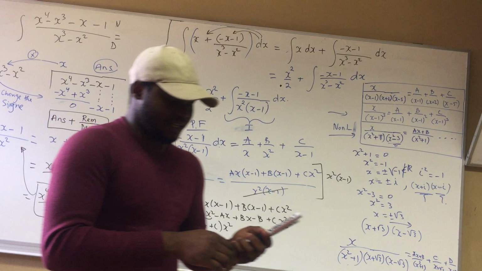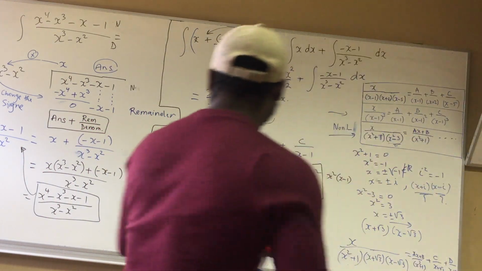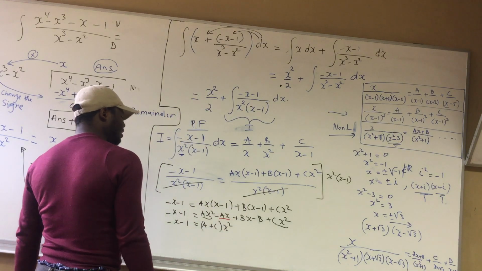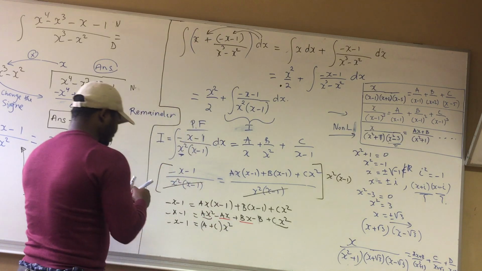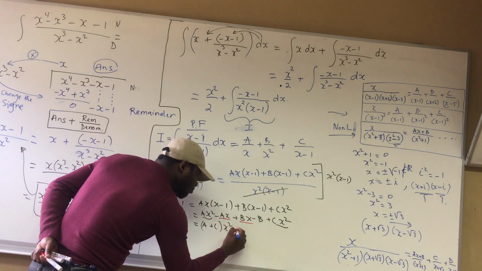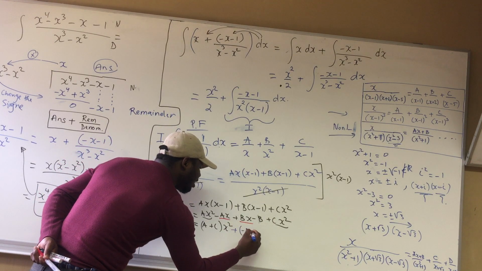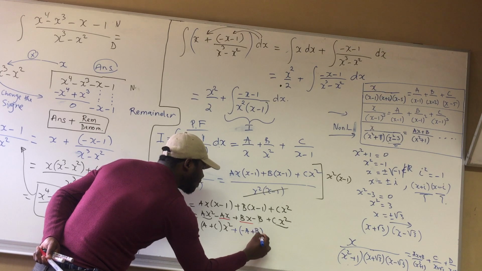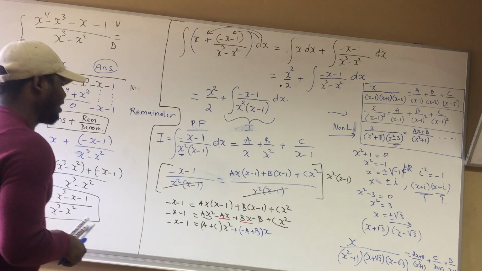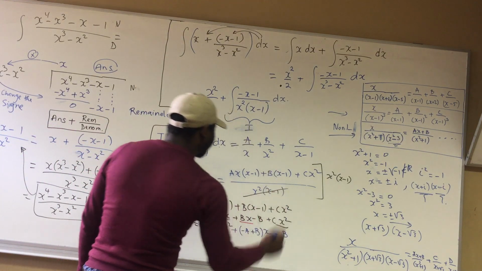Let me take the red pen. I have the term with x and I have the term with x here. So look at the way I like to write it. I like to add them with a positive and then I copy them as they are. A plus b, x like this. Alright? And then I have my independent term which is minus b. Alright?